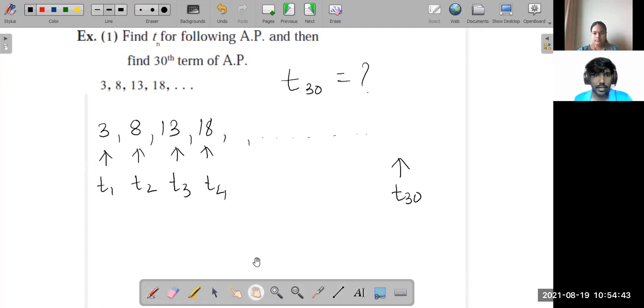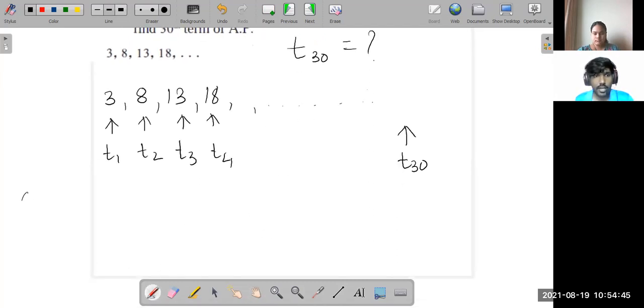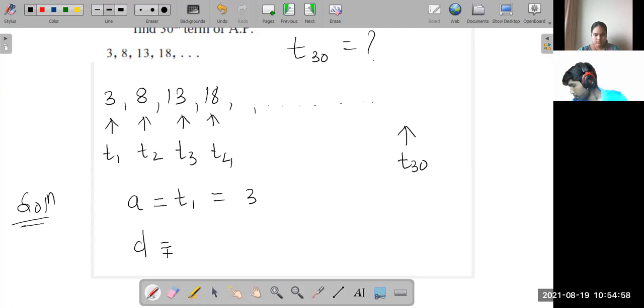Yes. Okay. Now, first write down the first term, that is A. A, the first term, is nothing but T1, which is 3. Then you find out the common difference D. Since it is given that it is an AP, you just do T2 minus T1. Because in the question, they are not asking you to check whether it is an AP.